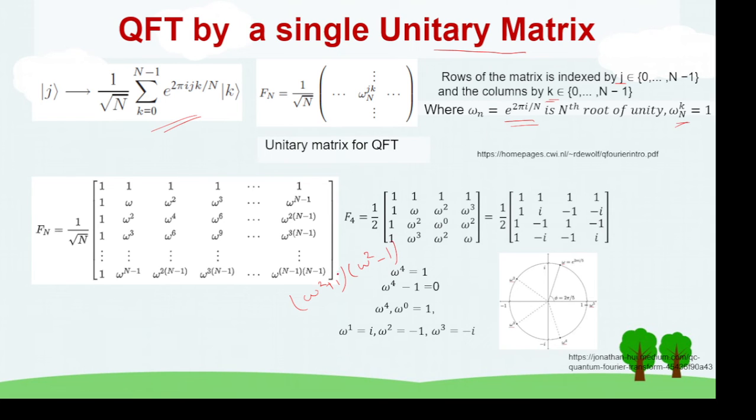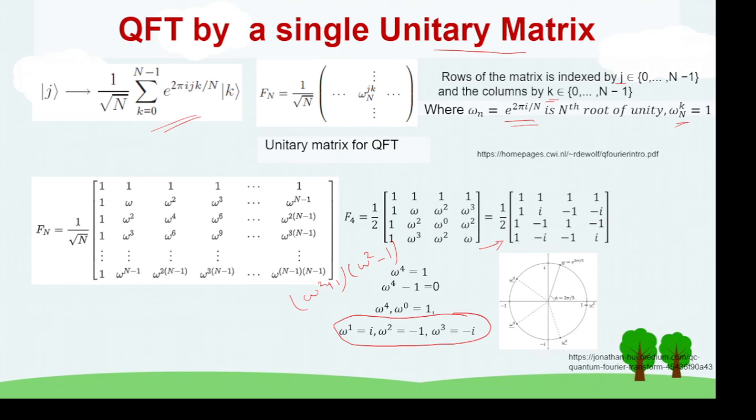Then you can go further down, and finally when you evaluate, you will get the values of omega with different powers. As you can see, omega is i, omega square equals minus 1, and omega cubed is minus i. With these values, you can fill the matrix. Now our unitary matrix is ready, and we can do all computations.